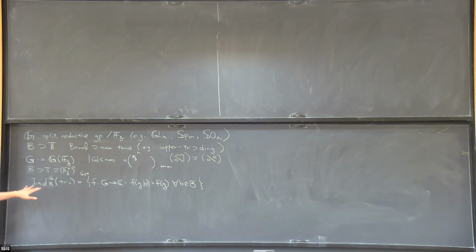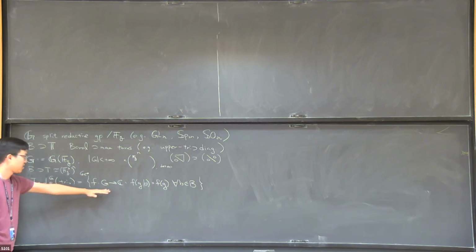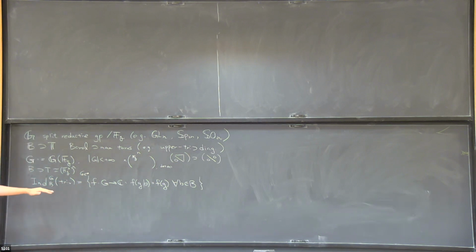In this way, I can view this vector space as a representation of G. As we know, the representation of a finite group is always semi-simple.